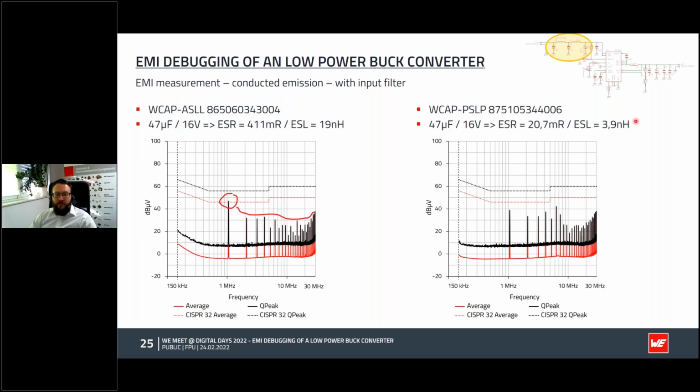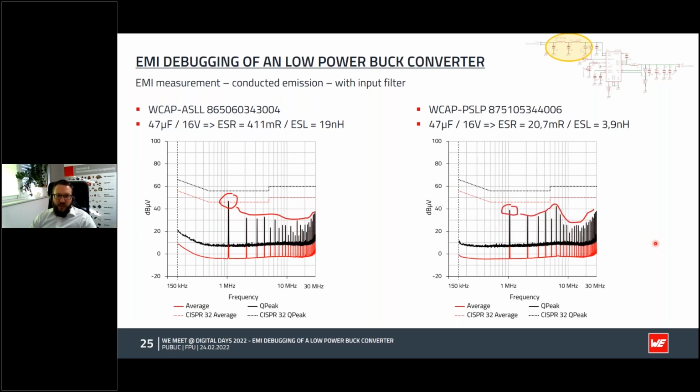We changed the capacitor again, here with a lower ESR, and we see that we are really under the limit. You see the same shape as before without the input filter, but with this we would be under the limit for the conducted emission test.